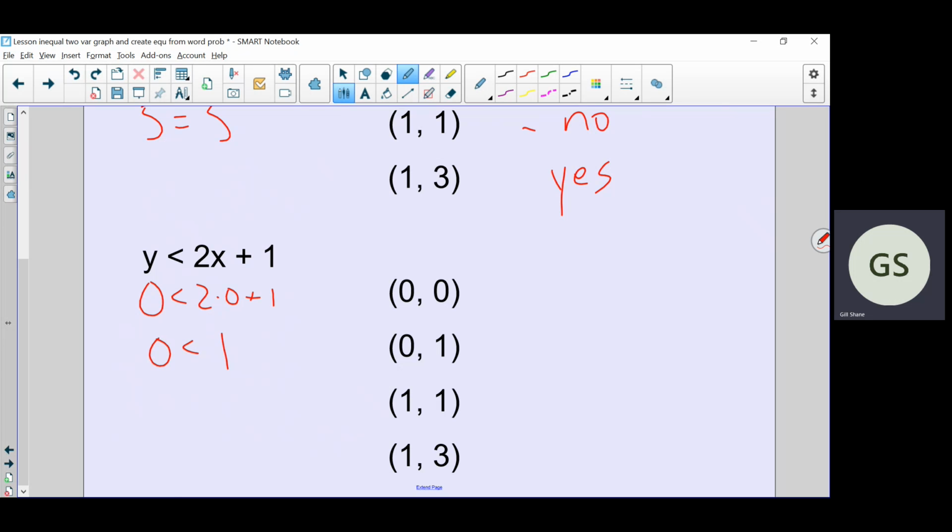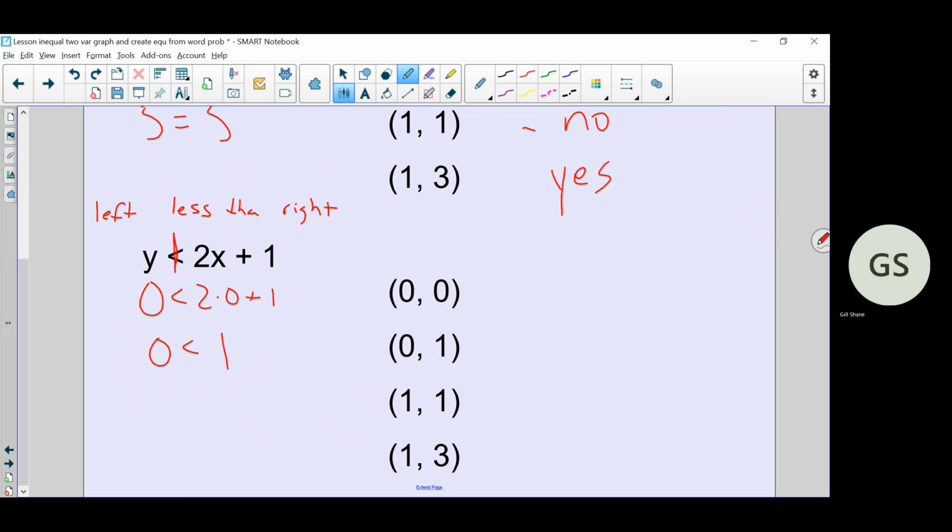Now we have a new rule. The new rule in this particular problem is that the left side has to be less than the right side. That's just the new rule instead of equal to. Now not only does it change that one, every single one of these changes.